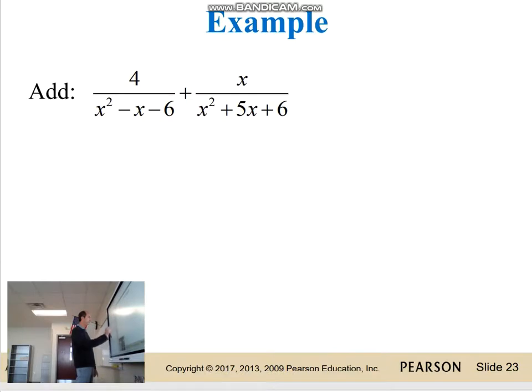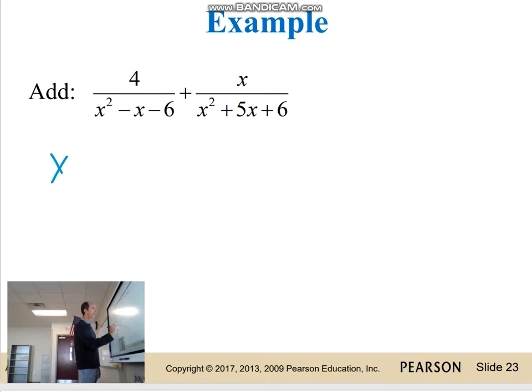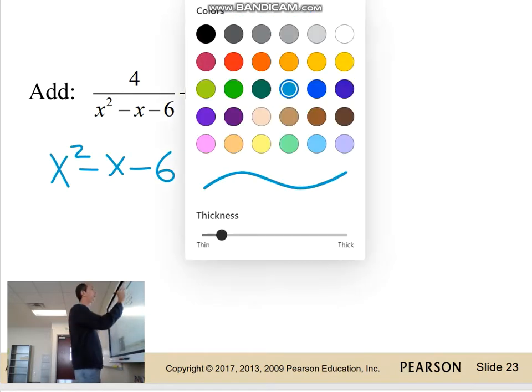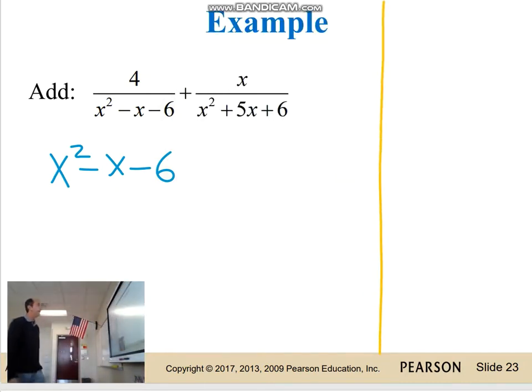Another example, and now we have here 4 over x squared minus x minus 6, plus x over x squared plus 5x plus 6. Okay, let's factor each one of the denominators. For x squared minus x minus 6, let's use this scratch paper here by the side. We can apply the AC method.